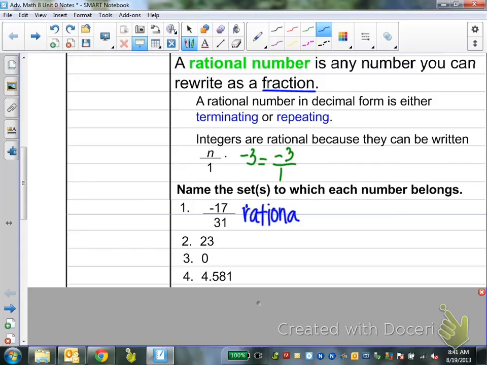Okay. What about 23? When we go through our list, the first one on our list was integers, and those are numbers without decimals. Is 23 a number without decimals? Yeah, so 23 is an integer.